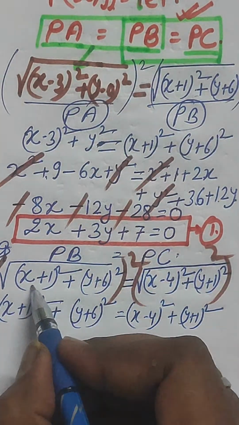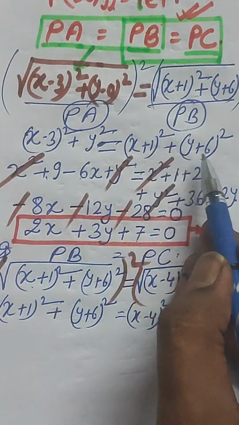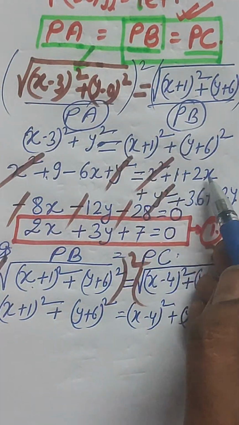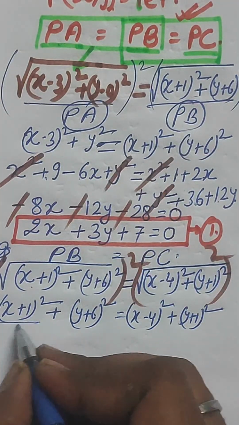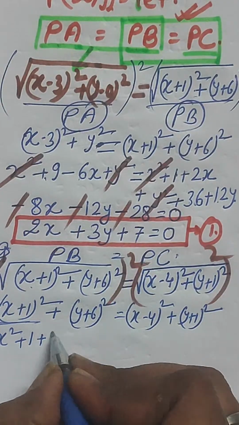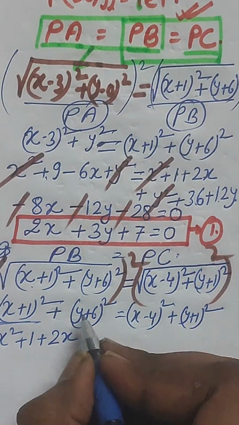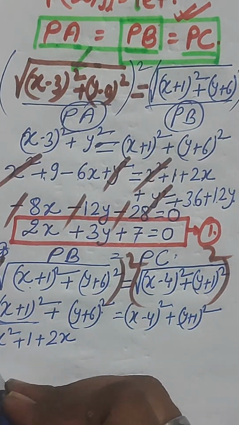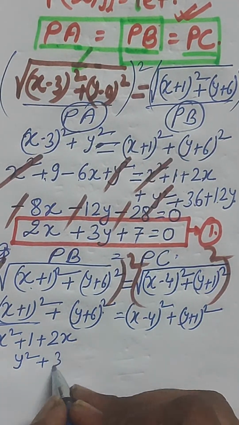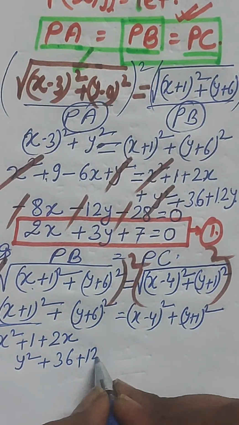When you expanded (x plus 1) whole squared plus (y plus 6) whole squared in the previous step, we saw x squared plus 1 plus 2x. So just expand it and we get x squared plus 1 plus 2x. And expand (y plus 6) whole squared, so this will give you y squared plus 36 plus 12y.